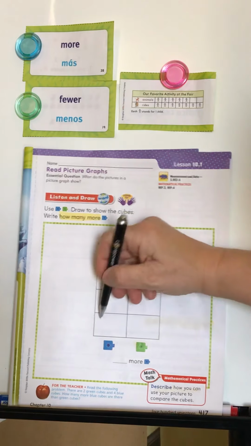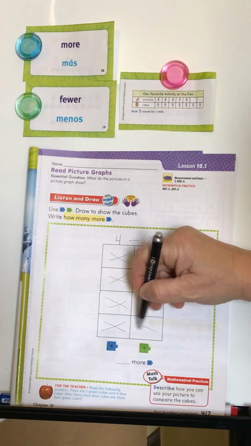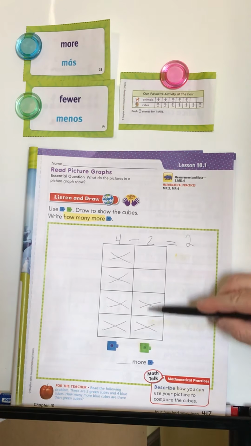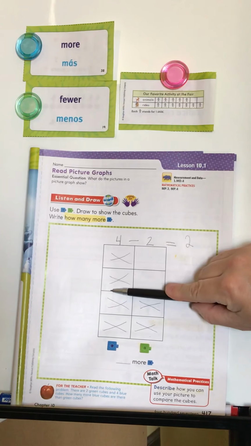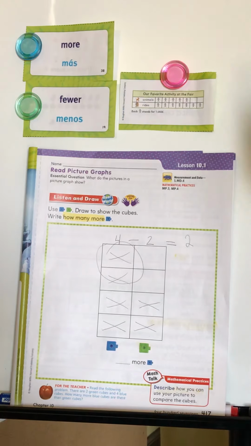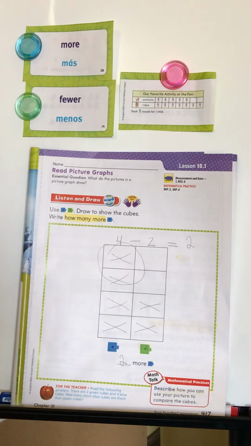So if you color in 4 blue and 2 green, you can see the green and blue are even up to here. Above this line, we see 1, 2 more. So that's how we know there are 2 more blue than green.